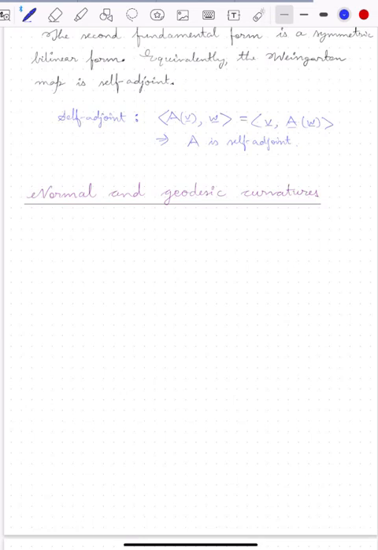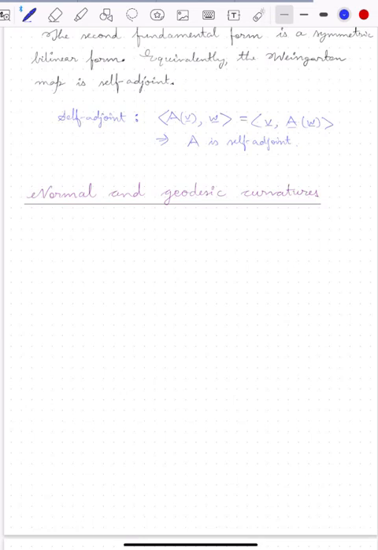So, for example, a curve on a plane or a cylinder can have zero curvature, but a curve in a sphere can never have zero curvature, right? So this is not possible because any line segment cannot exist on the boundary of a sphere, right?